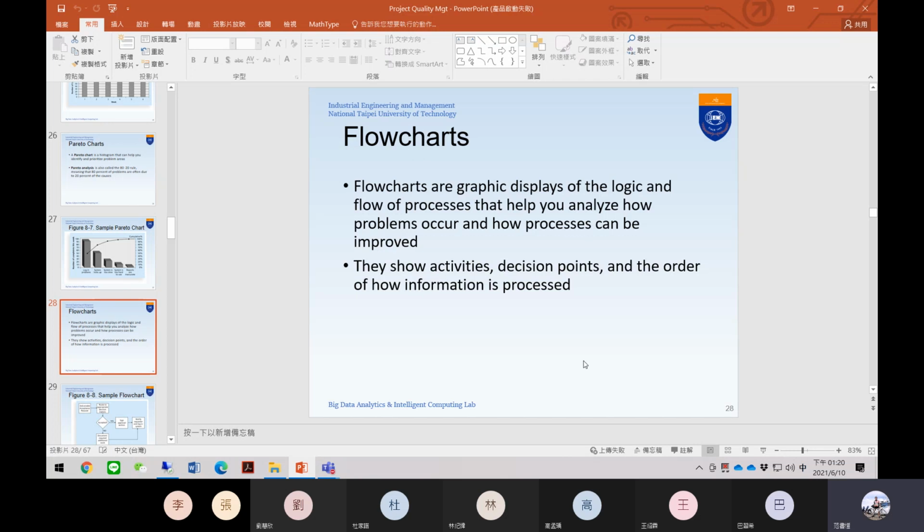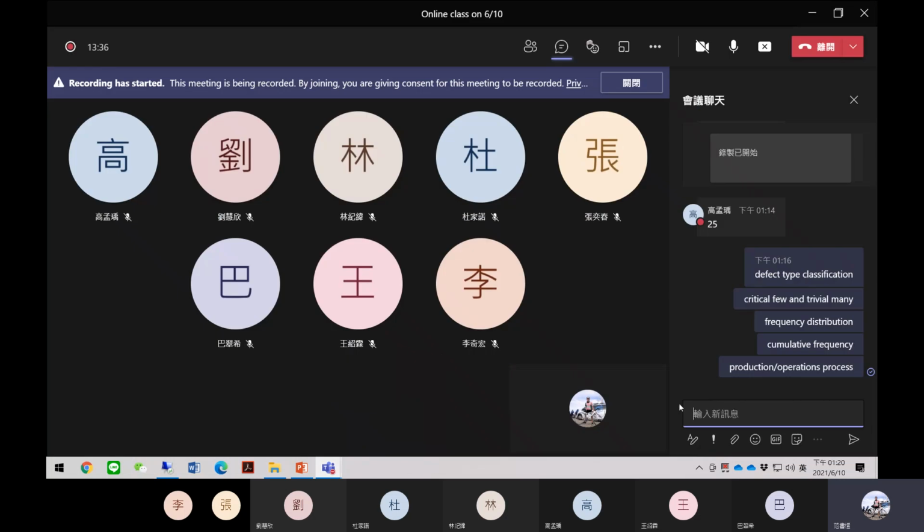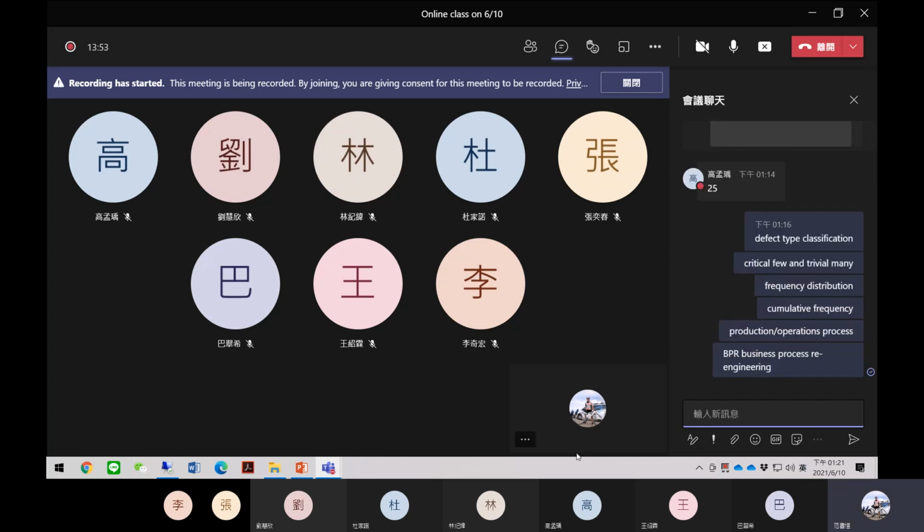That is known as BPR. BPR is business process reengineering.